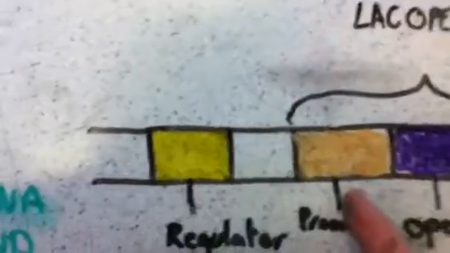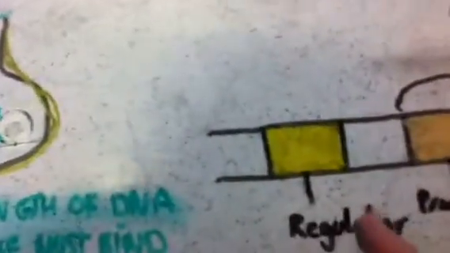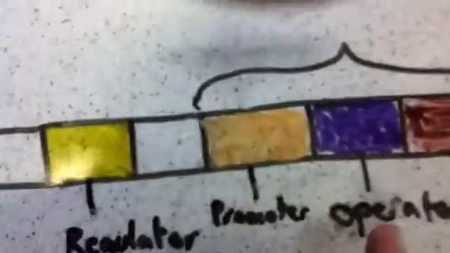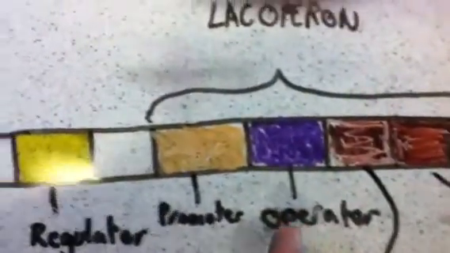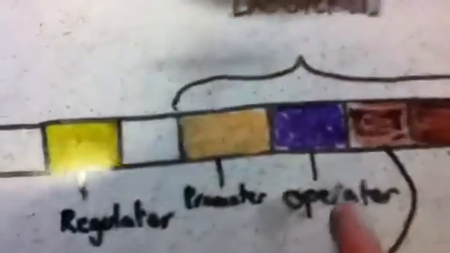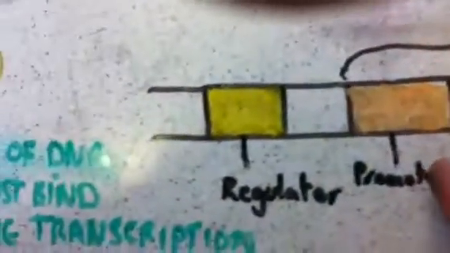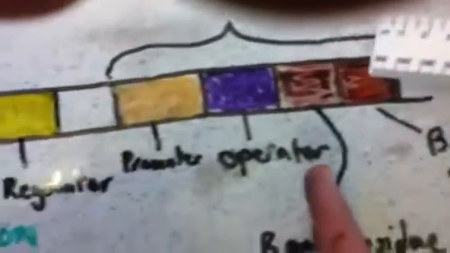So the regulator protein, the proper word for it being the repressor protein, which is coded for by the regulator, binds to the active site on the operator and blocks the promoter. So now RNA polymerase can't bind to the promoter, and so the two enzymes can't be coded for.